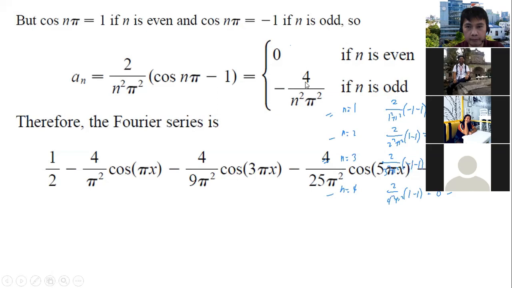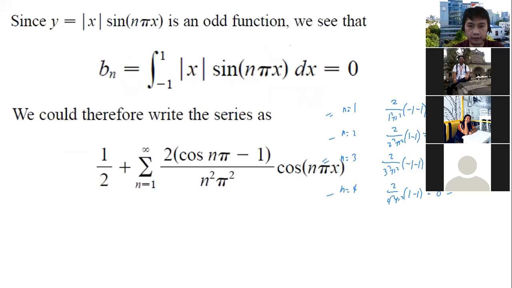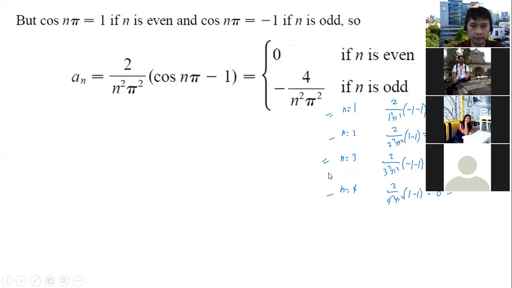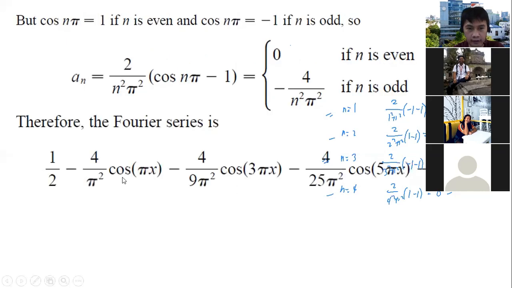So we can determine the a sub 1 value as negative 4 over 1 squared, which is of course 1, then pi squared. Then of course we need to multiply the a sub 1 value by cosine pi x.